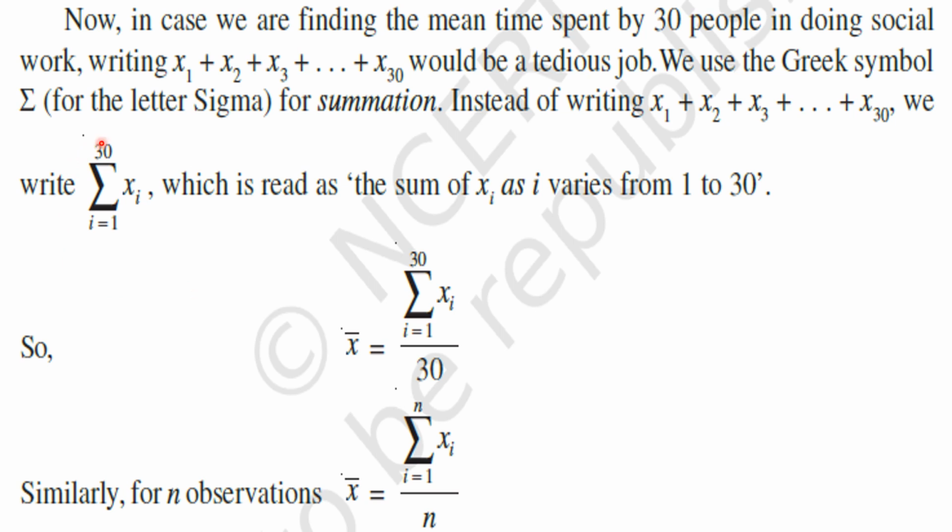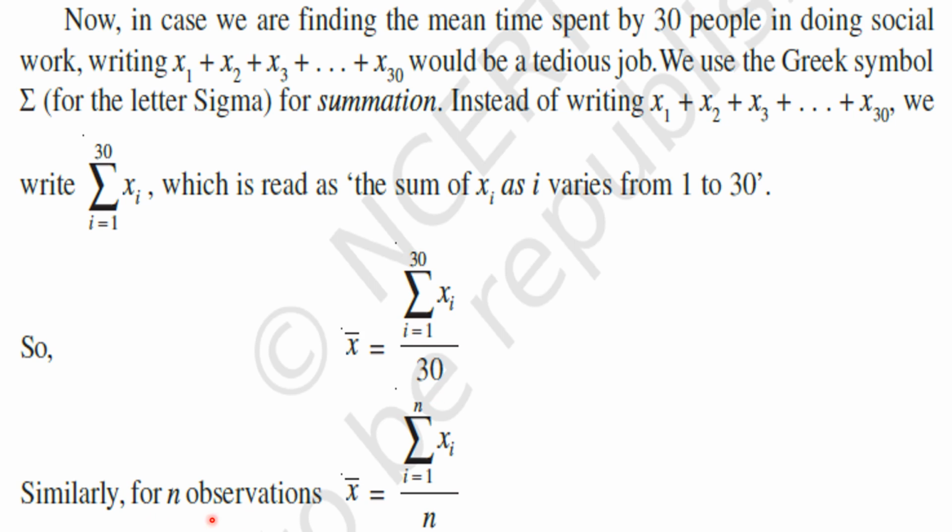Understood this notation, my dear children? Sigma i equals 1 to 30 of xi denotes the sum of the 30 observations. So x bar is equal to the sum of the observations, that means sigma i equals 1 to 30 of xi, by the number of observations, which is 30. Understood this step, my children? Right.